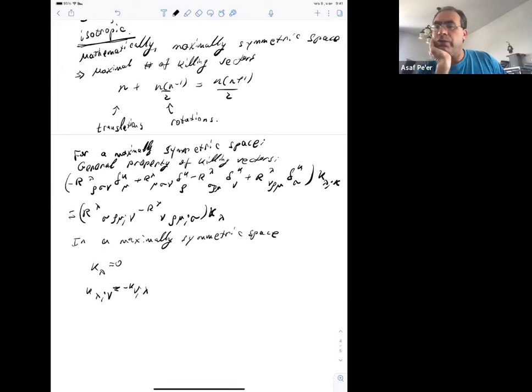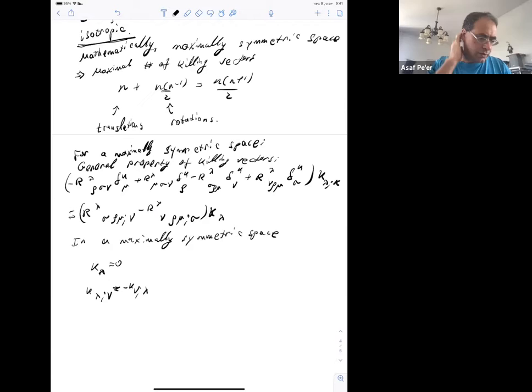I think the simplest way to look at it is to think of rotation in simple Euclidean space. If you think of a rotation around the x-axis, it will be 0, minus z, y, which essentially says k lambda around the axis is 0, but k lambda nu is minus k nu lambda: dk y over dz is equal to minus dk z over dy.